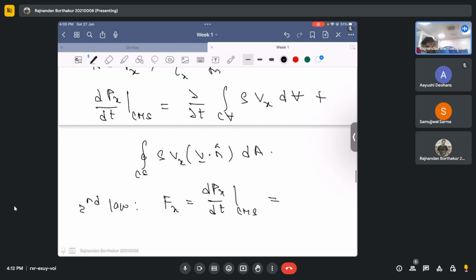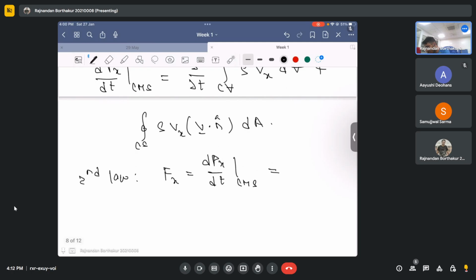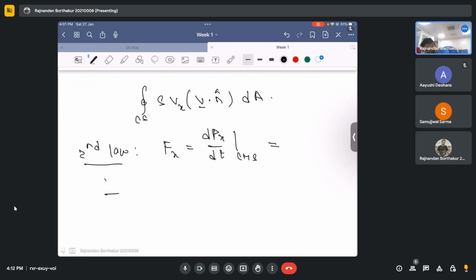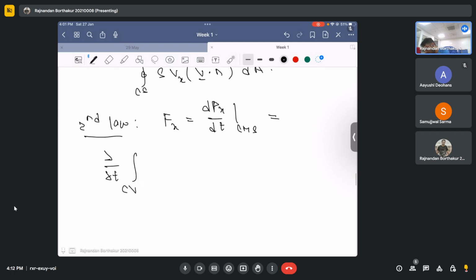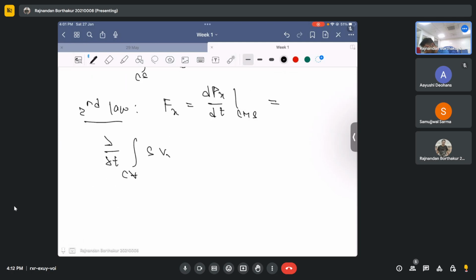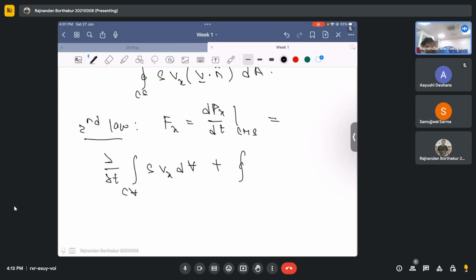So by using the second law, this becomes equal to del by del t for the control volume, rho Vx dV, plus the integral over the control surface, rho Vx V dot n cap dA.